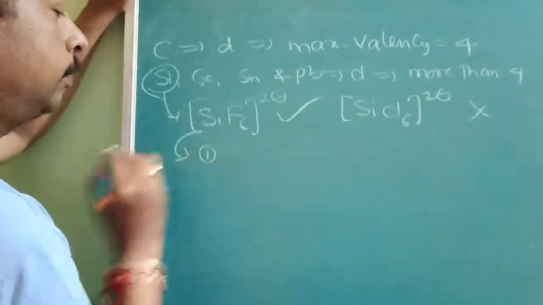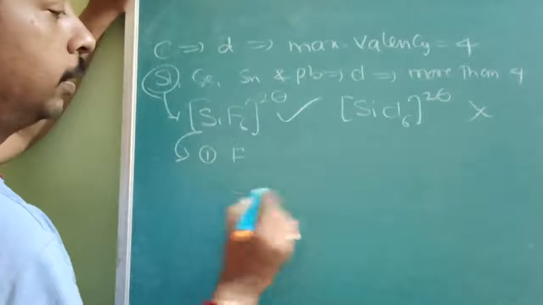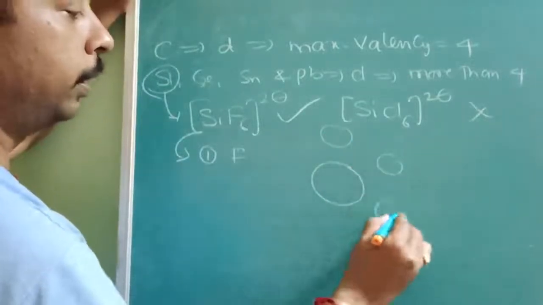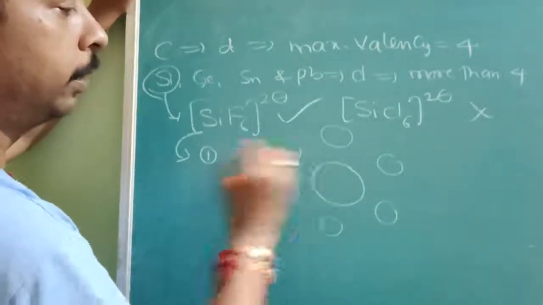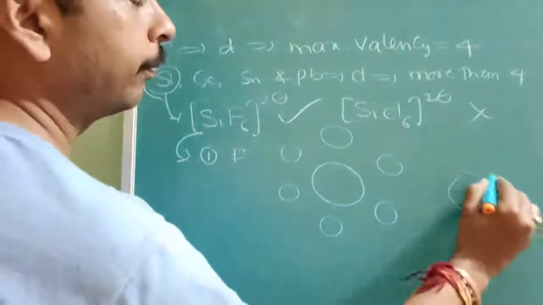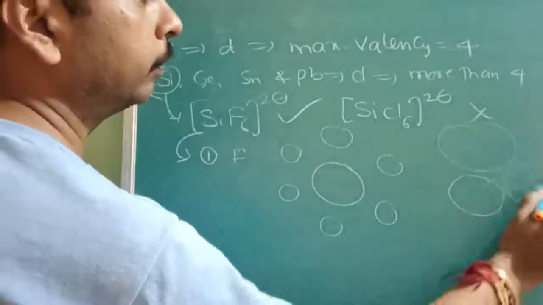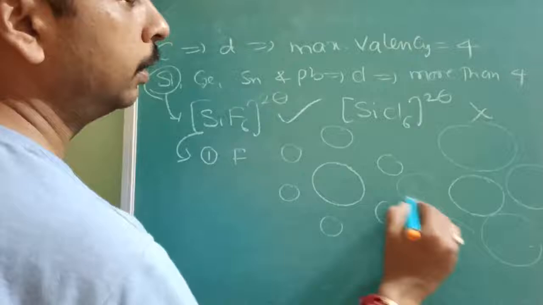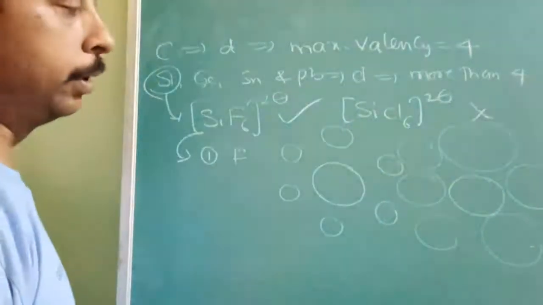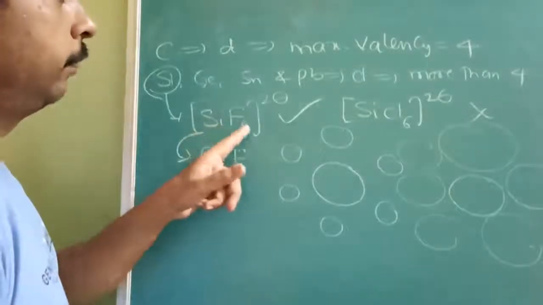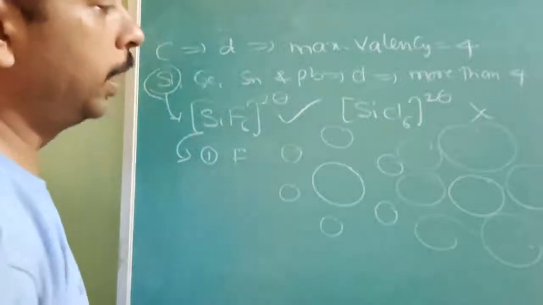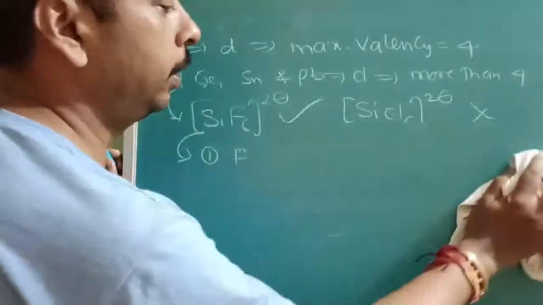First of all, fluorine is small enough. Suppose this is silicon; six fluorines can be easily accommodated around it. But chlorine is big, so we cannot accommodate six big chlorines around the small silicon. The central atom must be bigger and the peripheral atom must be smaller. That is one reason.